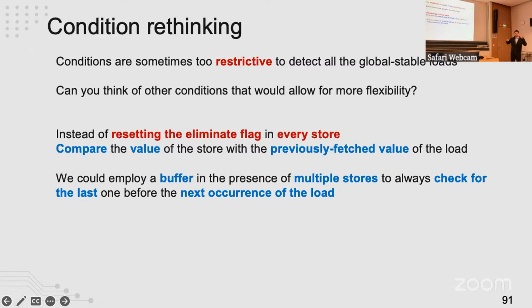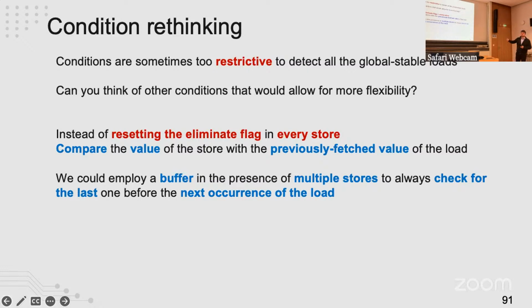However, here, of course, this is correct, but here I have some change in the conditions of Constable. Instead of resetting the eliminate flag in every store, we could compare the value of that store with the previously fetched value of the load instruction. So if we have a store operation that just restores the same value as the first instance of the load, the store would not lower the threshold level.